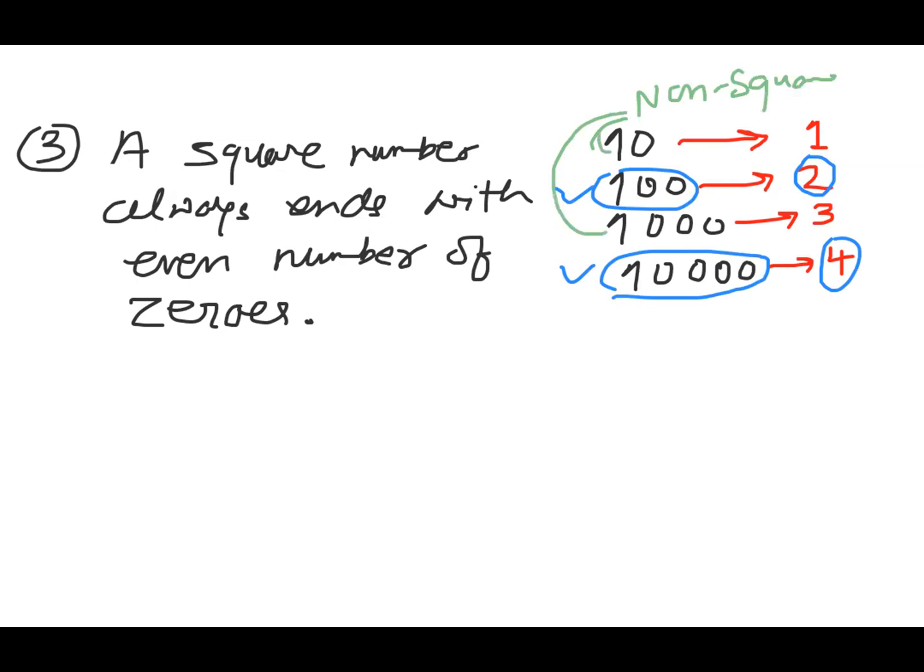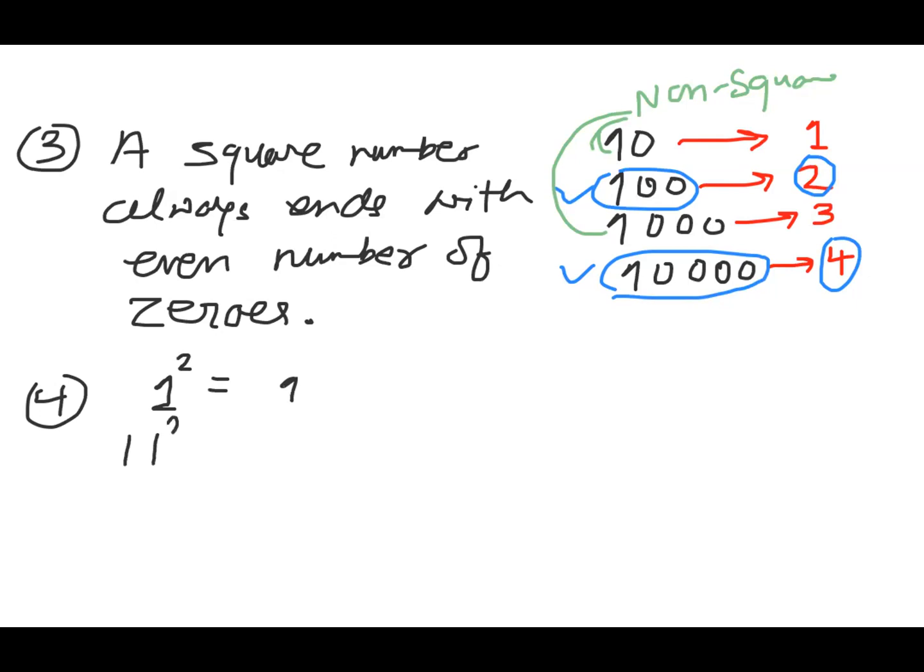So moving on to the next property. If I have a number, let's say 1, its square is 1.